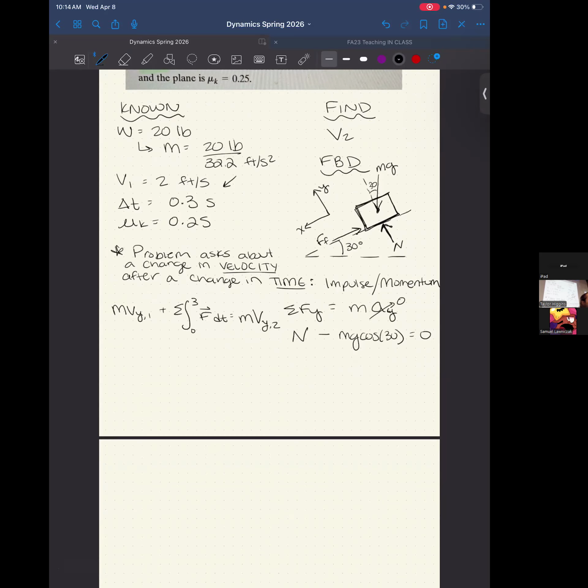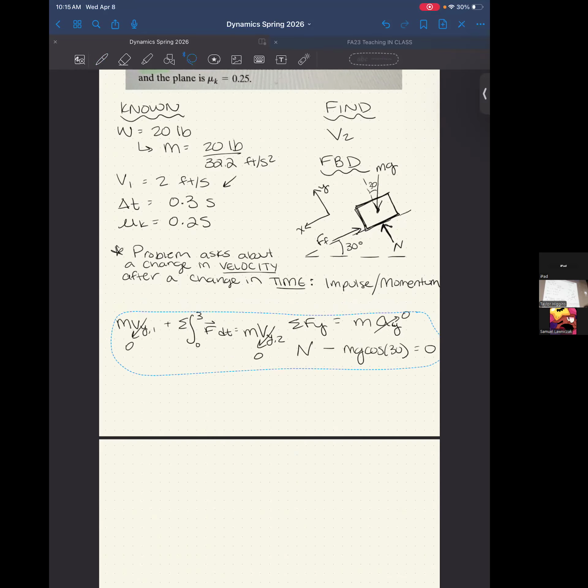Velocity in the y direction at time 1. 0. Velocity in the y direction at time 2. No, 0. It doesn't go in the y direction. Nope. Oh, sorry, I forgot my header. Yeah, this is all y direction.